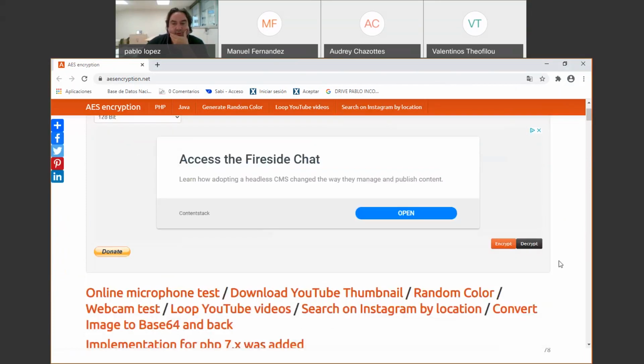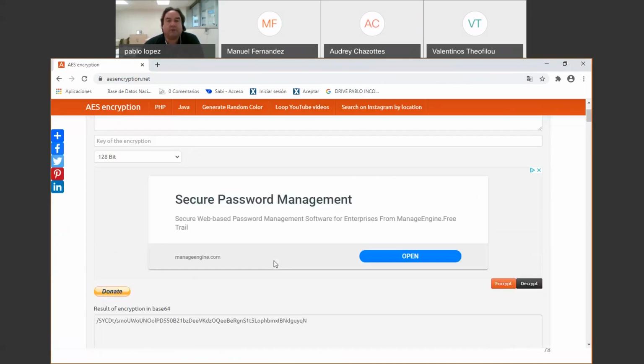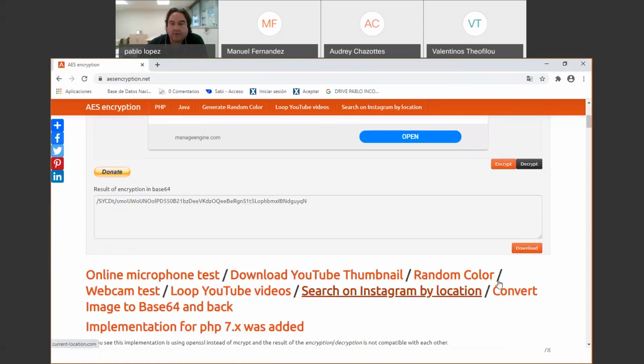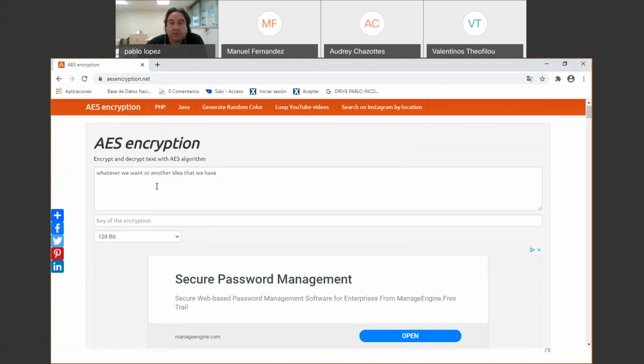This one, encrypt, and it will give us a result of how it is encrypted. So if you want to encrypt a message, you can use this tool with this algorithm to make several tests.